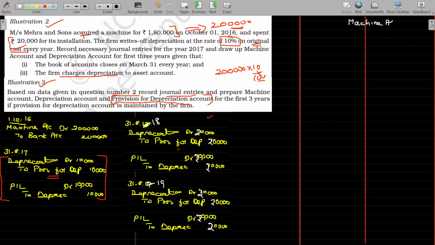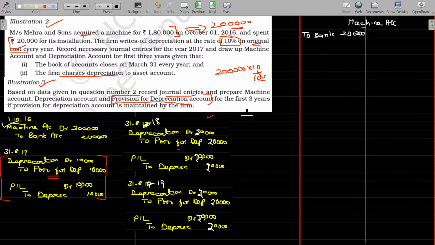In machine, to bank, 2 lakhs. I don't do any other adjustment in the asset account, so it remains the same year after year.